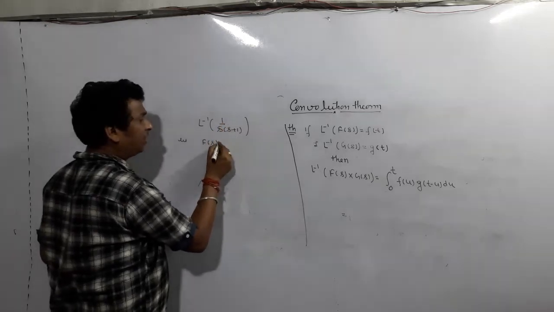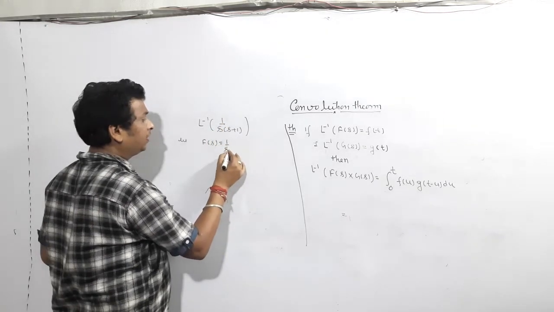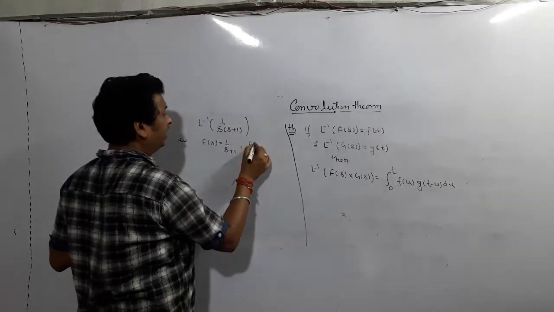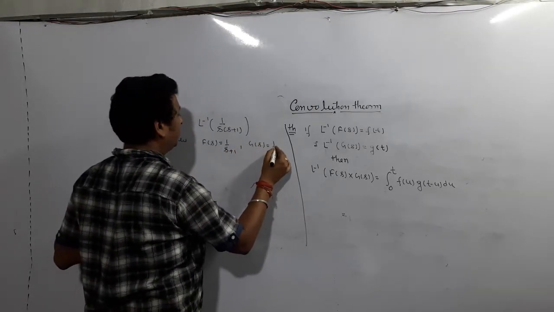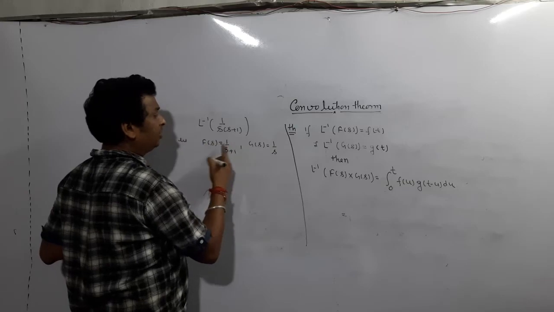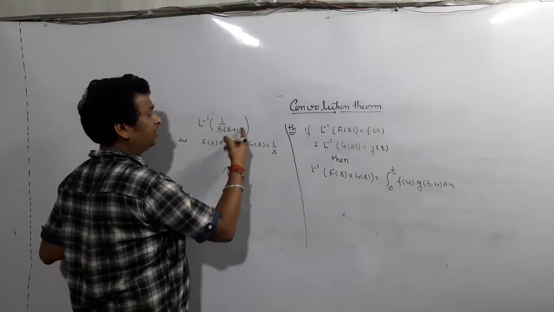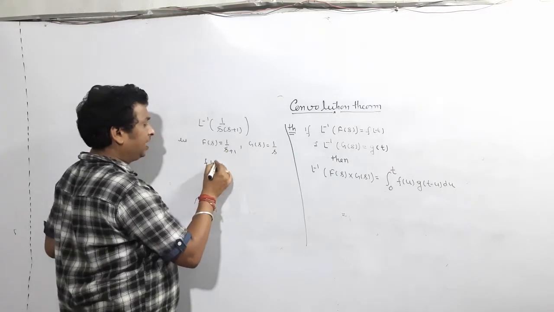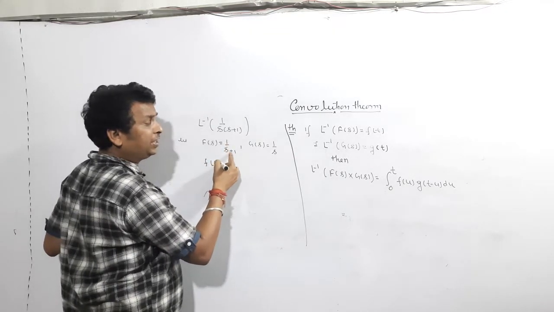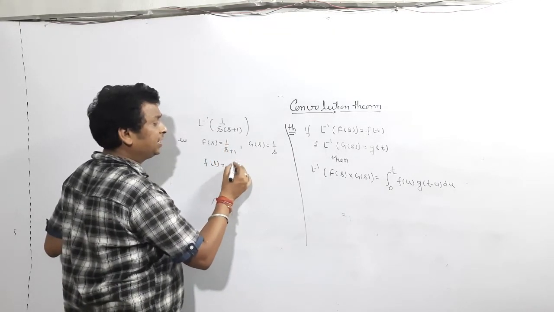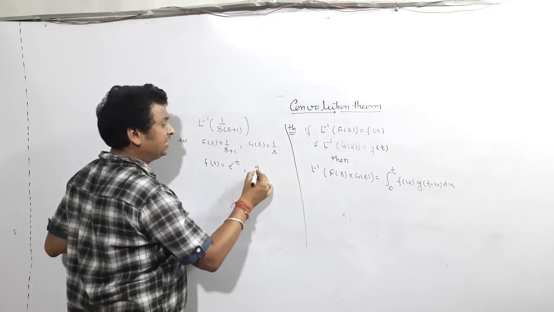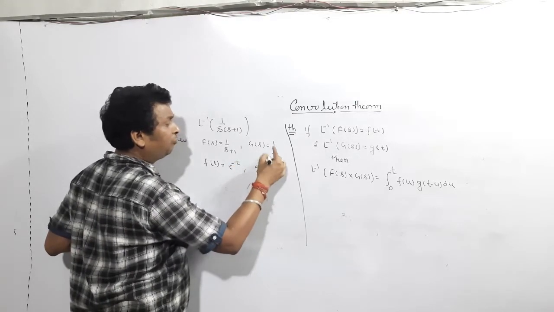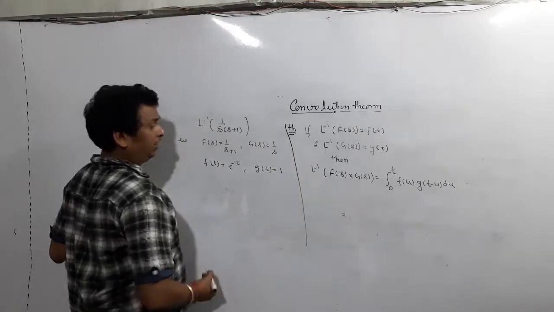So F(s) I have taken as 1 upon s plus 1, and G(s) we have taken as 1 by s. Now you multiply F(s) into G(s), and we get the same function. So that's okay. Now what is f(t)? f(t) means Laplace inverse of this, which is e to the power minus t. What is g(t)? Laplace inverse of 1 by s, the value is 1.